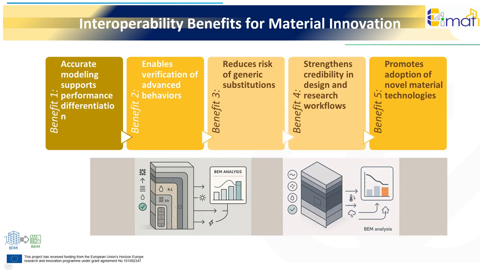When material data is transferred accurately across BIM and BEM, it becomes possible to quantify benefits, such as improved insulation, enhanced thermal mass, or advanced optical behavior in realistic design scenarios. This accurate representation enables research teams and design professionals to evaluate how a new material performs under different climatic and operational conditions. This is essential for validating experimental formulations, refining prototypes, or positioning a product within high-performance building strategies.